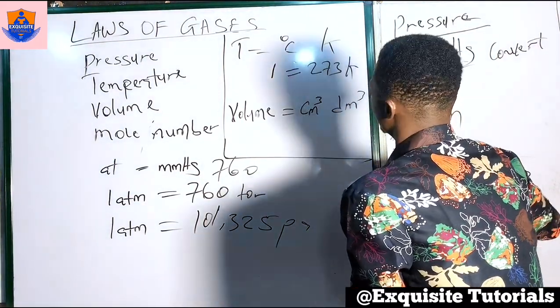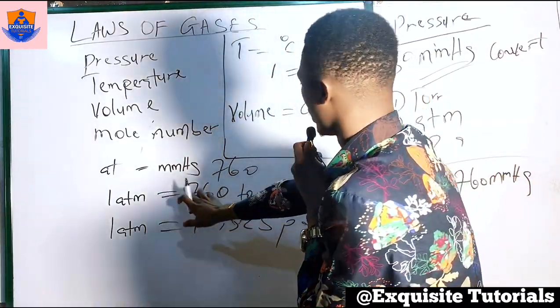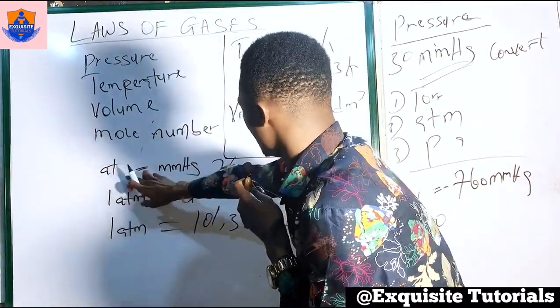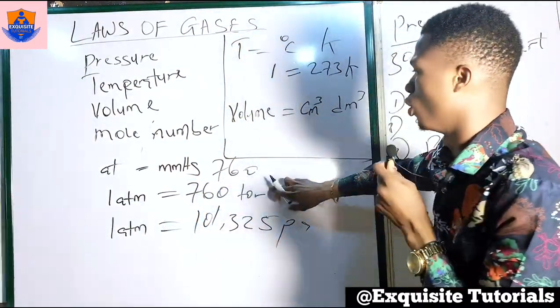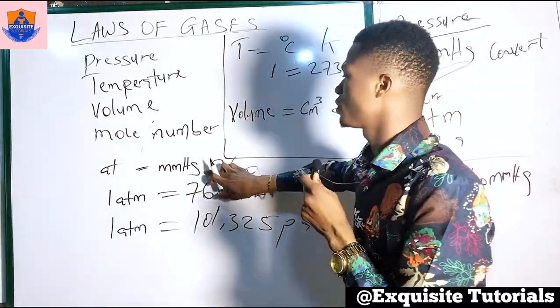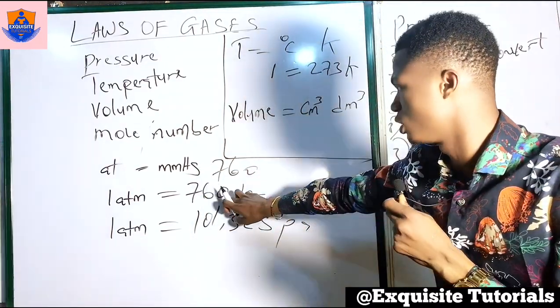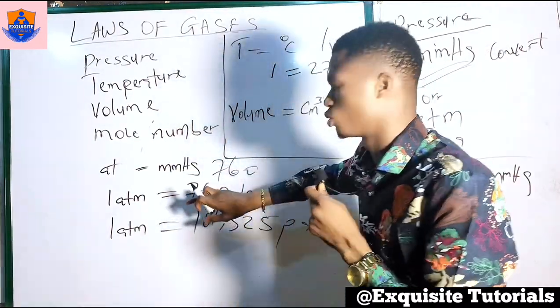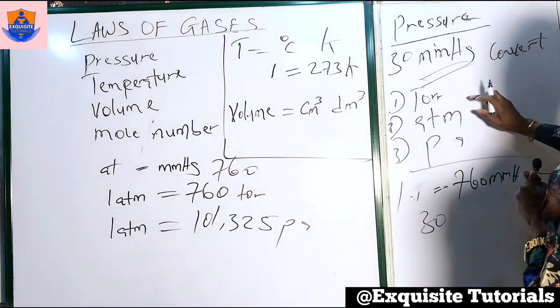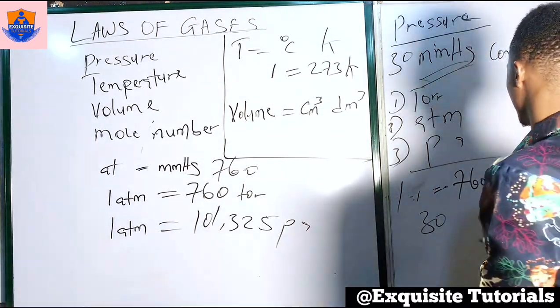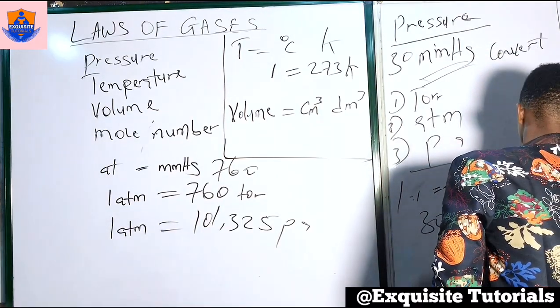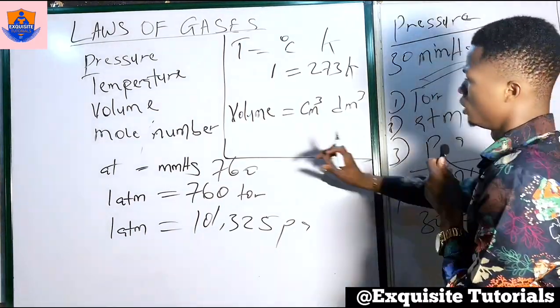We understand that 1 ATM is equal to 760 millimeter mercury, and as well 1 ATM is equal to 760 torr, which means 1 millimeter mercury is equal to 1 torr. So converting 30 millimeter mercury of pressure to torr is equal to 30 as well.